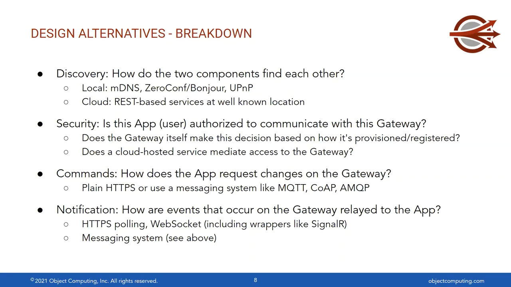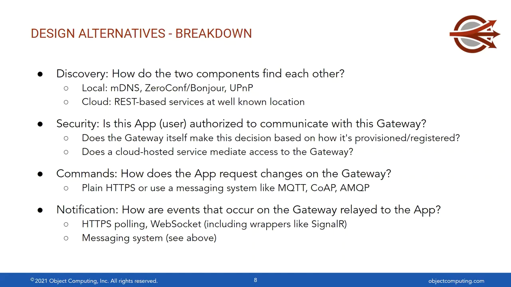So let's break down some of these particular issues, and we'll see how existing tools, techniques, and protocols can address them. So first is discovery. How do these two components, primarily we're talking about the gateway and the mobile application, find each other? In a local network scenario, there are a number of tools available to us, things like mDNS, Zeroconf or Bonjour, Universal Plug and Play. There are these various techniques that have been developed and are common in the industry.